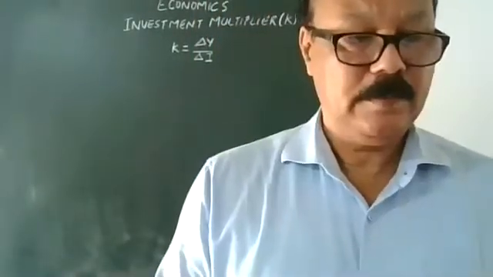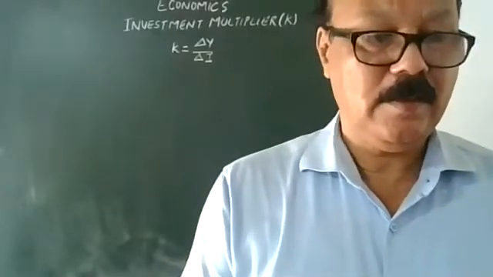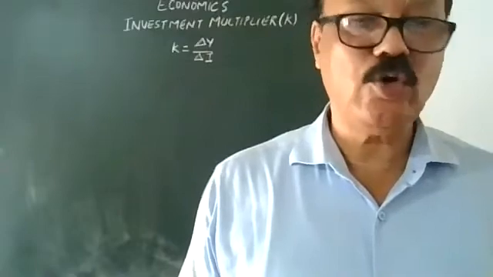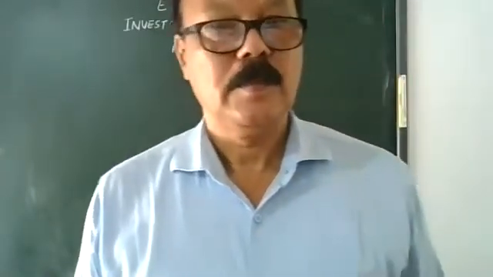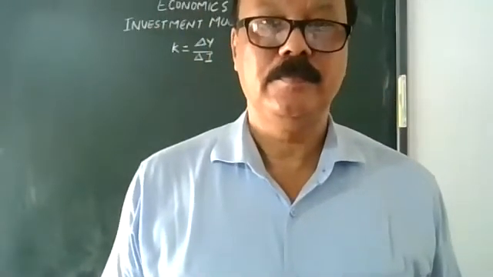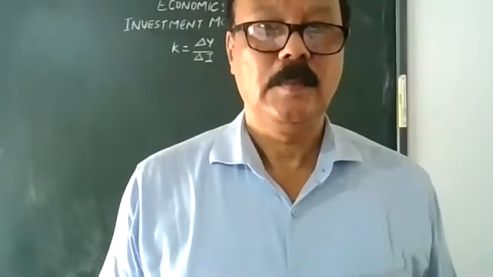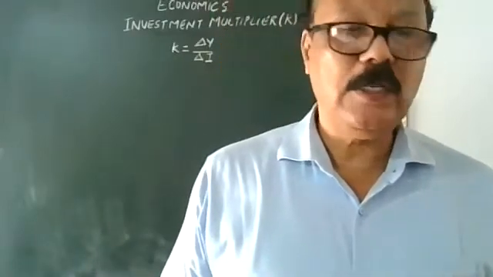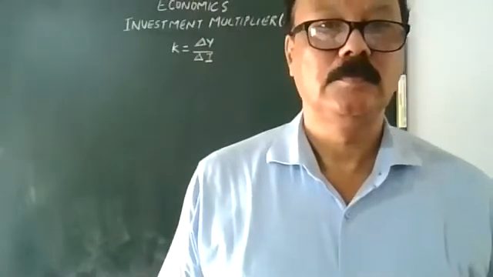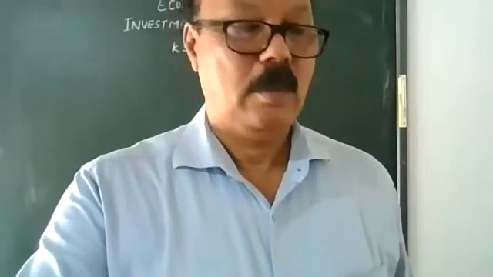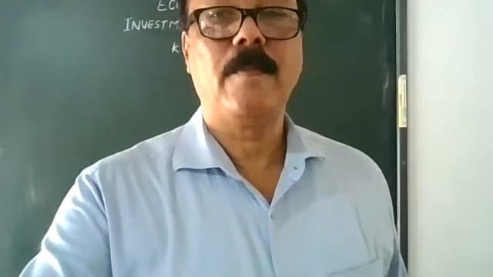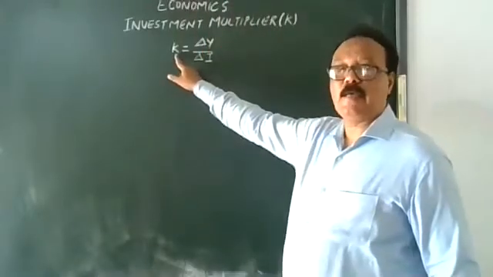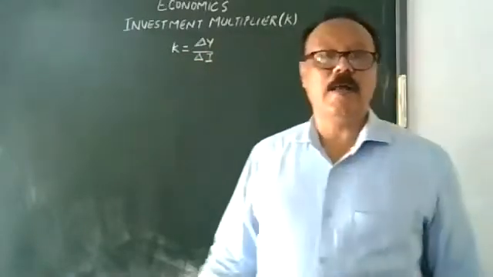Investment multiplier, in brackets K, or multiplier, is the ratio of change in national income, within brackets delta Y, to the change in investment, that is delta I. Formula wise, multiplier K is equal to delta Y upon delta I. Write it down.